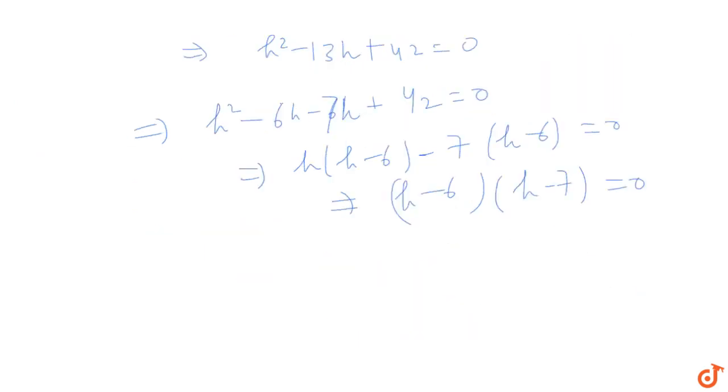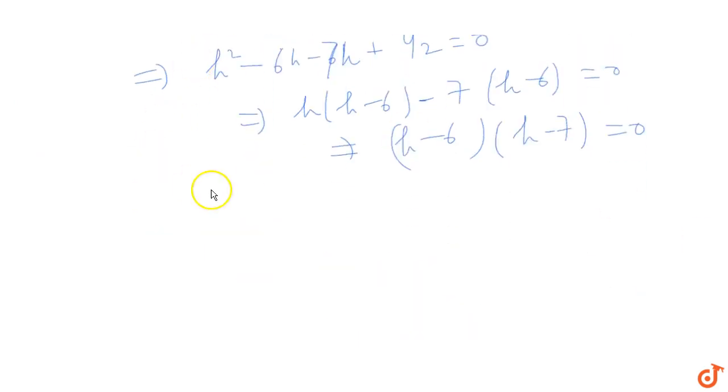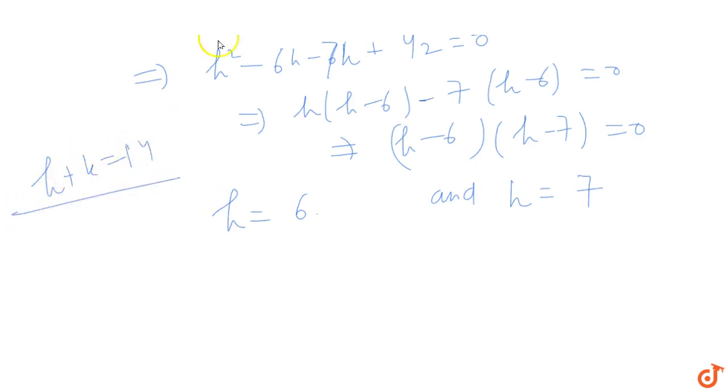Okay. So what we got? h equals 6 and h equals 7. We know that h plus k is equal to 14 from the first equation. So when h equals 6, k will be 8, and when h equals 7, k will be 7, because the sum h plus k should be 14.